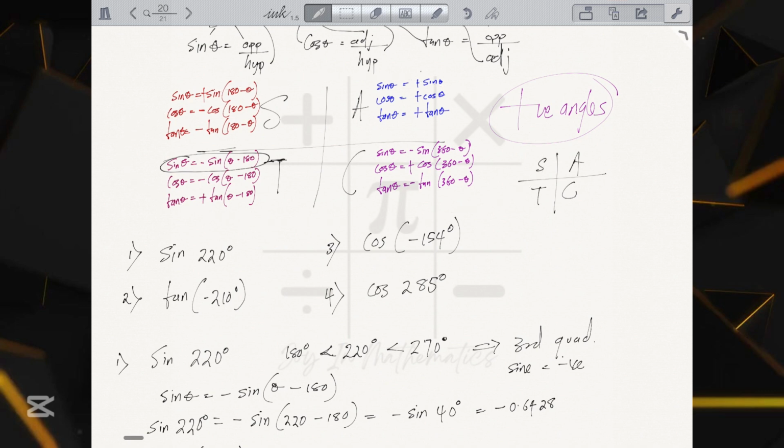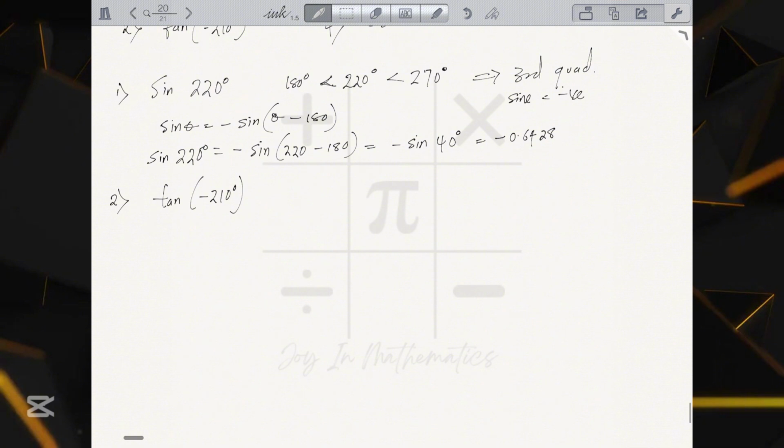To evaluate the position of minus 210 degrees, we have to draw a diagram. So we have minus 210 degrees coming in the clockwise direction. Remember, clockwise is negative, anti-clockwise is positive.